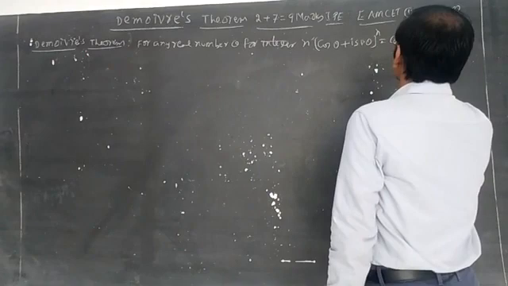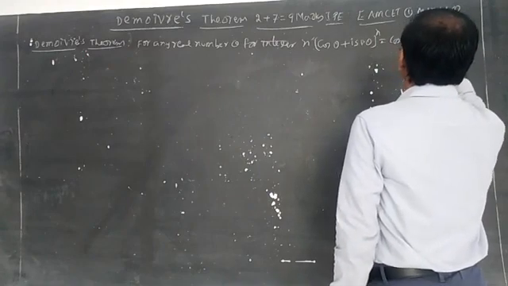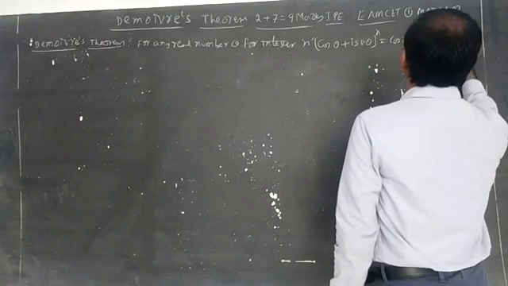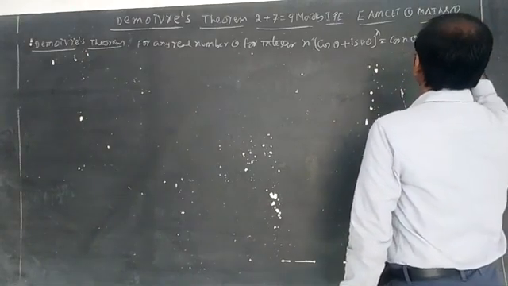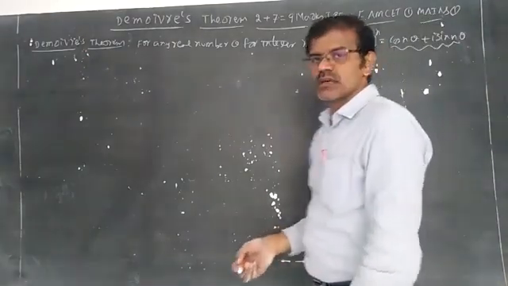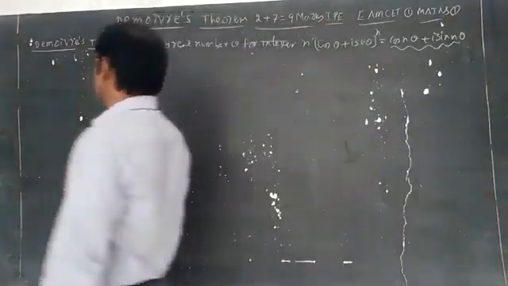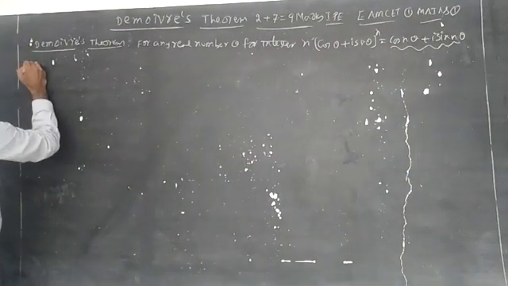(cos theta plus i sin theta)^n is equal to cos n theta plus i sin n theta. This is the proof. This proof we can do by the mathematical induction method. Let me discuss the proof with you.